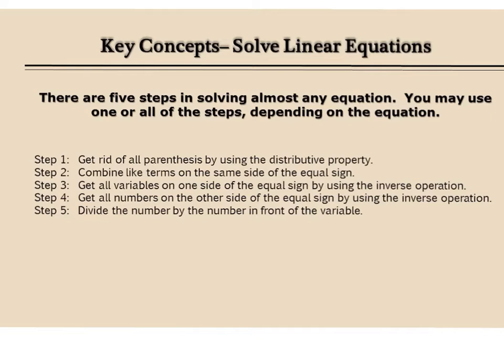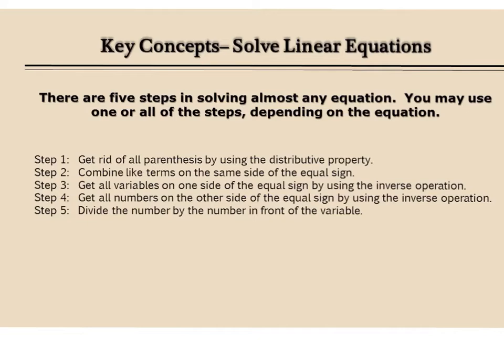First step is to get rid of all parentheses by using the distributive property. Second step is to combine any like terms that are on the same side of the equal sign. Step 3, get all the variables on one side of the equal sign by using the inverse operation.